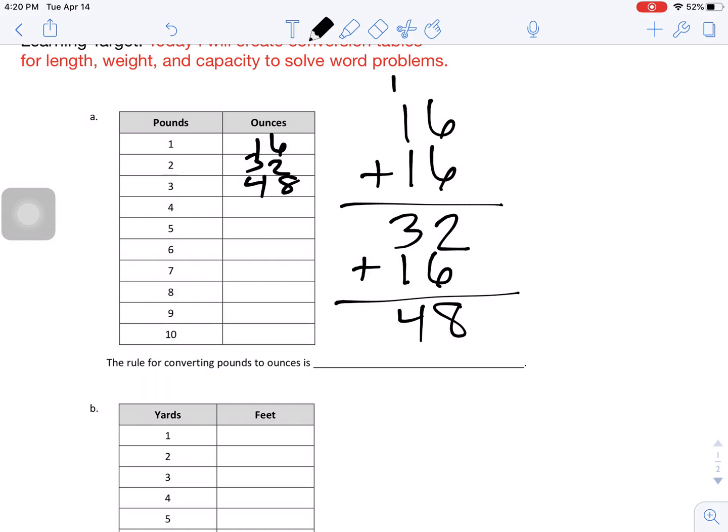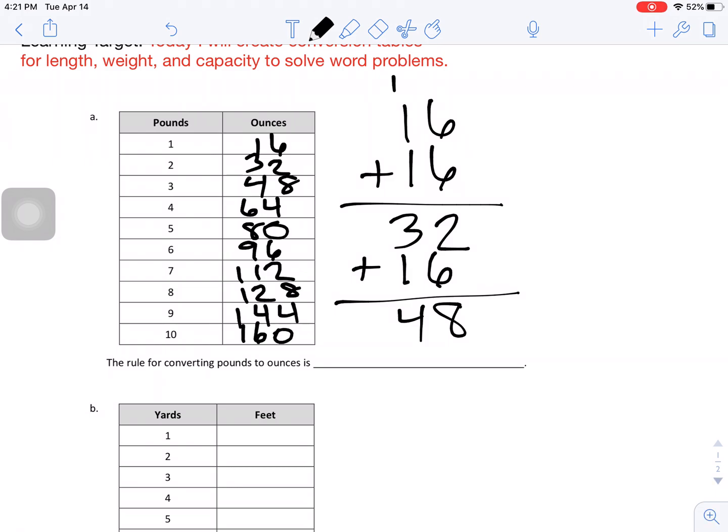Adding another 16 would make it 64, then 80, then 96, then 112. I solved this by just adding 16 every time I went down, but I don't want this video to be too long, so I did it beforehand.